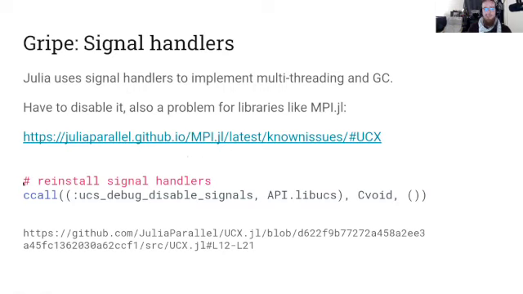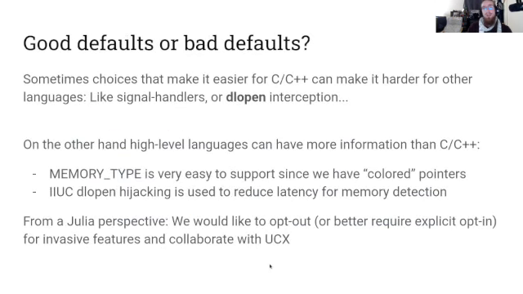On the UCX.jl side, the first thing I do is I actually disable the signal handlers after loading the library. There are other things, like UCX intercepting the dlopen functionality in order to intercept CUDA's memory allocation routines, in order to figure out and cache the color of a pointer.